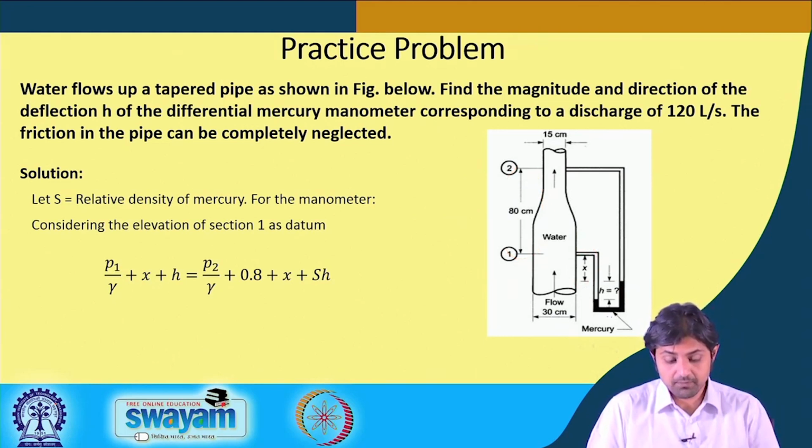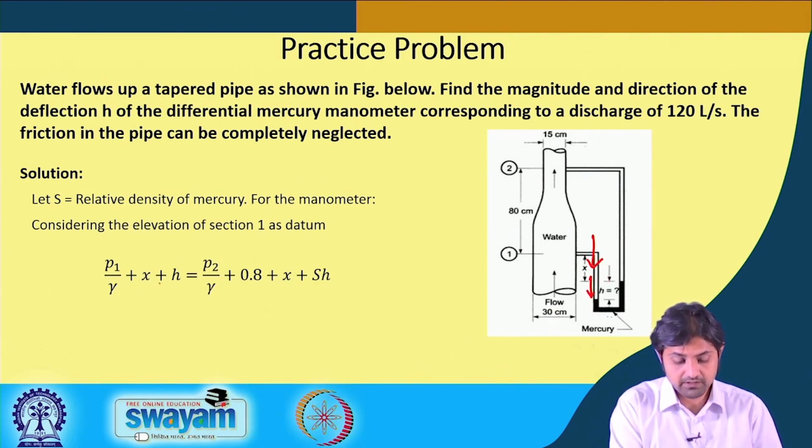So P1 by gamma plus X, you see this here, start from here, we go down X plus H down again, starting at 1.